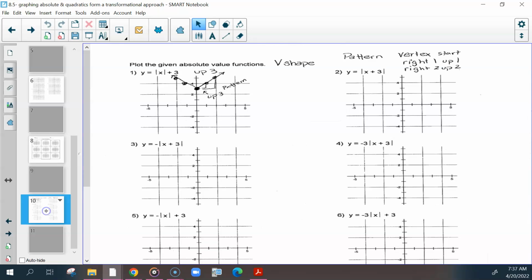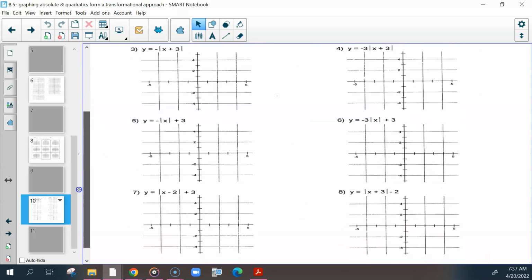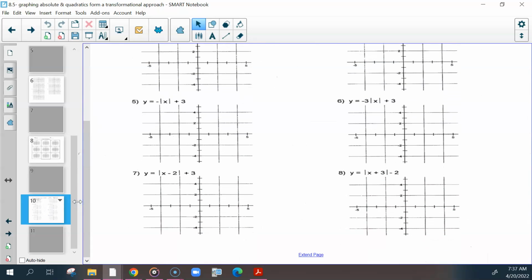Or on the last page, anyone need to see any of these? Were there any questions that we wanted to go over, had a question about, or any of these that we missed?